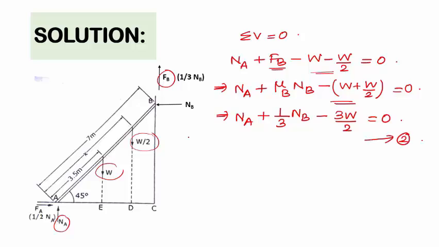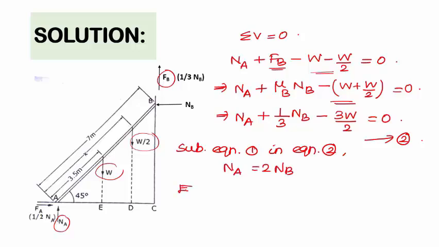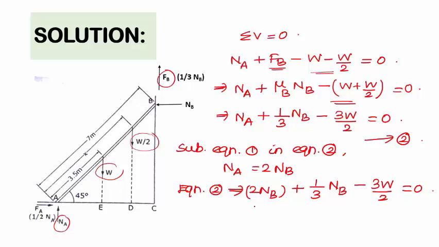Now we can substitute equation 1 in equation 2. Equation 1 is NA is equal to 2NB. So equation 2 becomes NA is 2NB plus 1 by 3 NB minus 3W by 2 is equal to 0. So this is 2 plus 1 by 3 NB minus 3W by 2 is equal to 0. 2 plus 1 by 3 is 7 by 3.